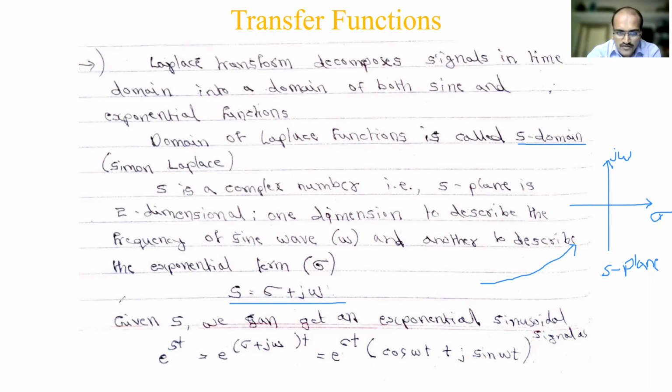Given S, we can get an exponential sinusoidal signal, which we can write as e to the power st, the exponential term. If you substitute the S value here, it is e to the power sigma plus j omega t. Written in sinusoidal form, it is e to the power sigma t, and then the imaginary part will have e to the power j omega t.